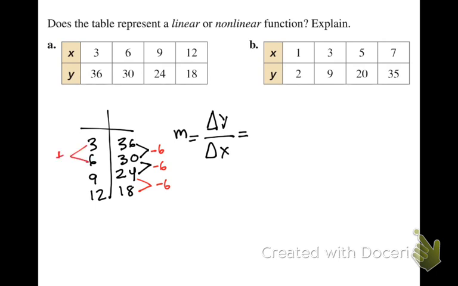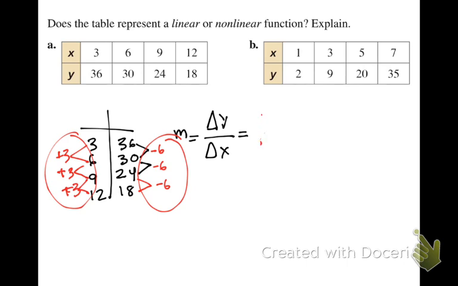And this is add 3, add 3, add 3. So yes, it's a linear function because it has a constant rate of change here and here. If I wanted to find the actual slope, I would say negative 6 over 3, so it would be negative 2.